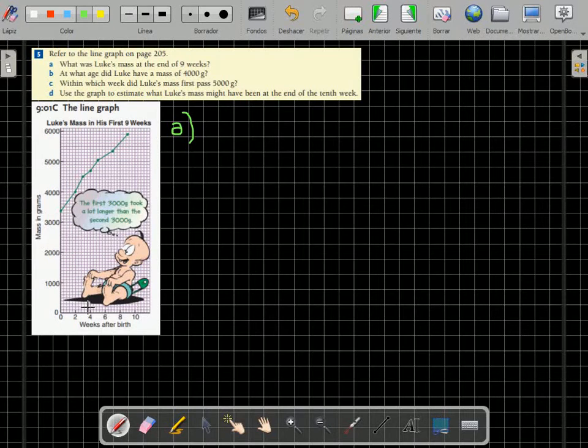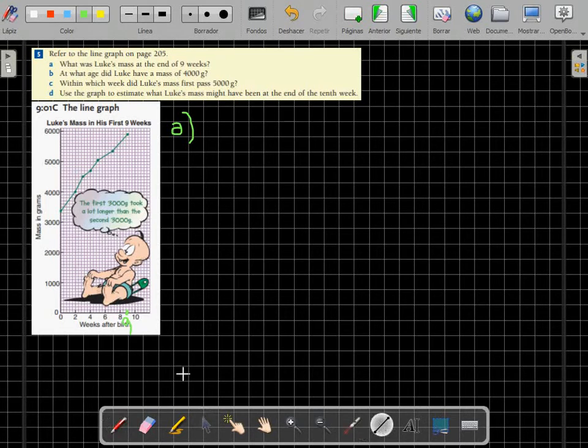Alright, at the end of 9 weeks we must see Luke's mass, but here we can't see 9. Nevertheless, we can assume that it's right there between 8 and 9, right here. There it is, the 9th week. So what are we going to do?